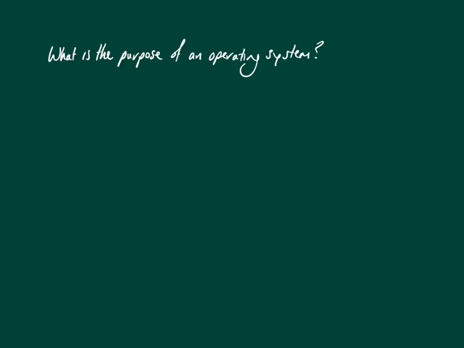So to summarise, what is the purpose of an operating system? Well, the operating system has to provide facilities so that the different programs on the computer system can access the various hardware and software services that are available to it.